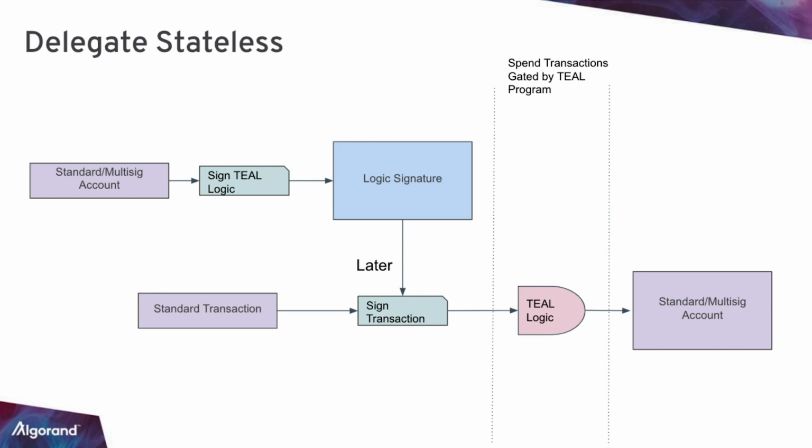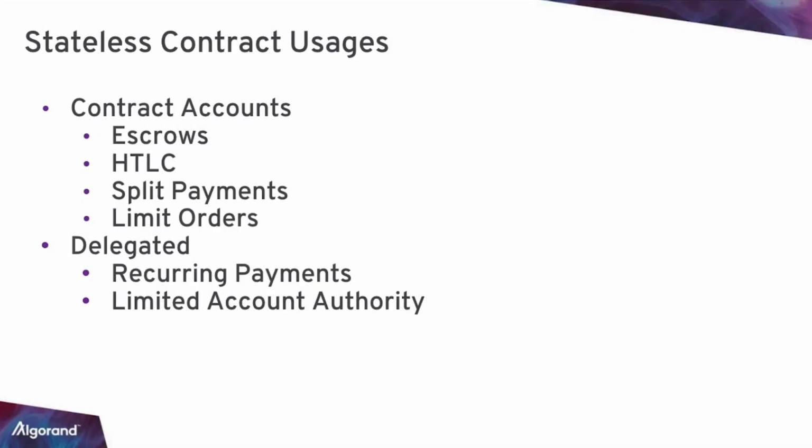All right, so that's the two primary stateless usage patterns. Some of the things these are used for: obviously contract accounts, escrows, time lock contracts, split payments, limit orders, things like that. Delegated is for recurring payments, or basically anytime you want to give limited account authority to your account. Those are the use cases for that.